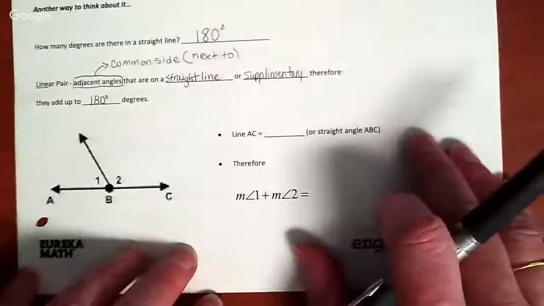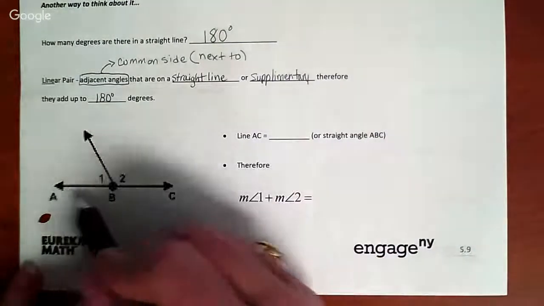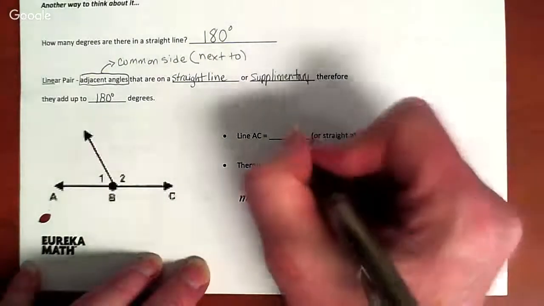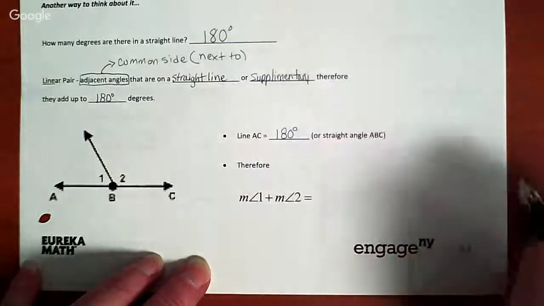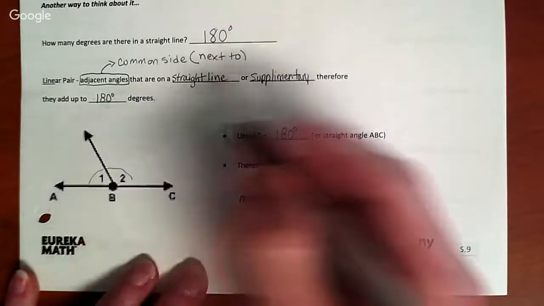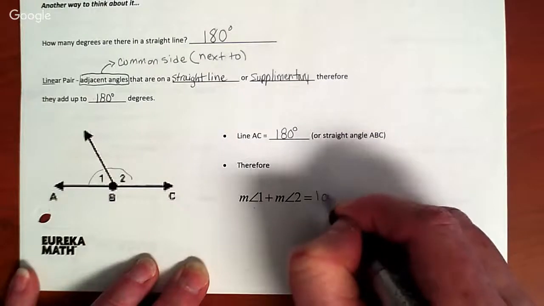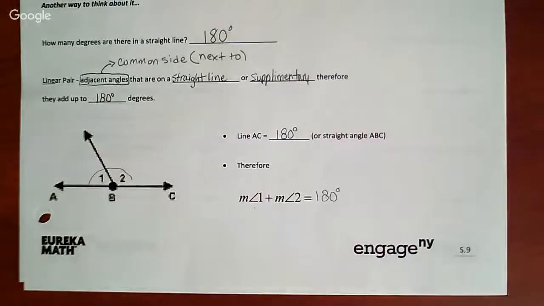So now here, line AC right here would equal 180 degrees. And therefore, when you add angle 1 and angle 2, they would add up to 180 degrees. Okay.